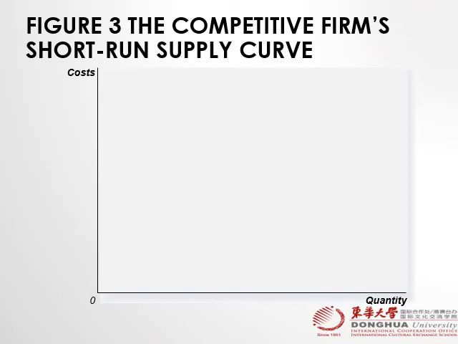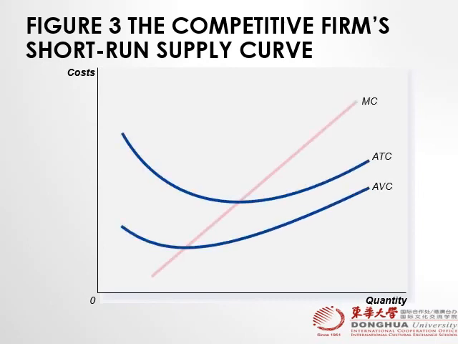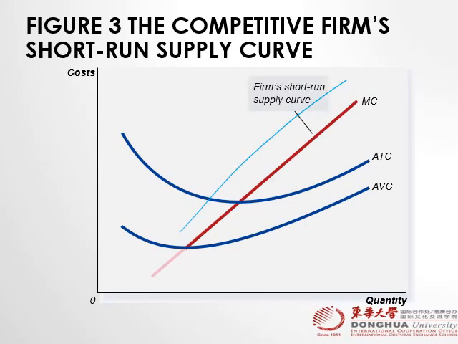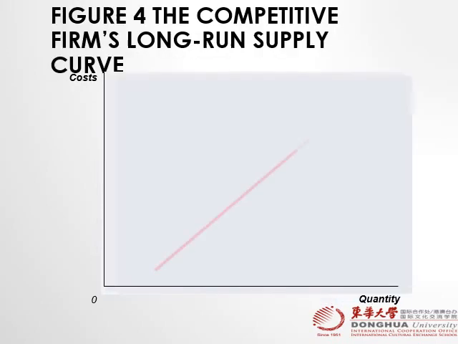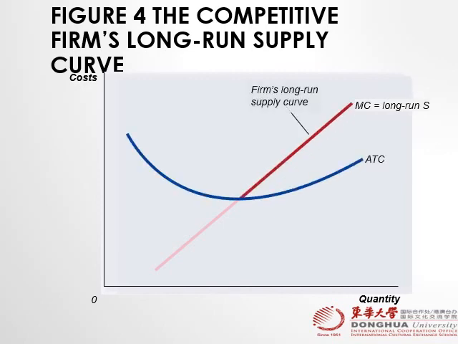Okay, now the competitive firm's short run supply curve, just for graphical purposes, we already solved it. So the short run is above average variable cost, right, and for the long run it is that part of MC which lies above average total cost.